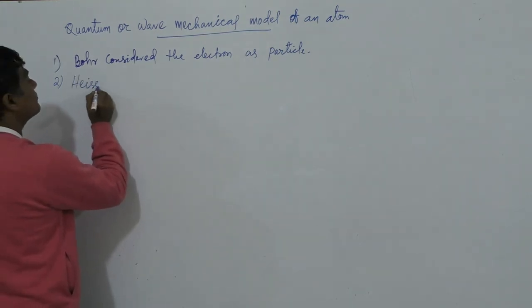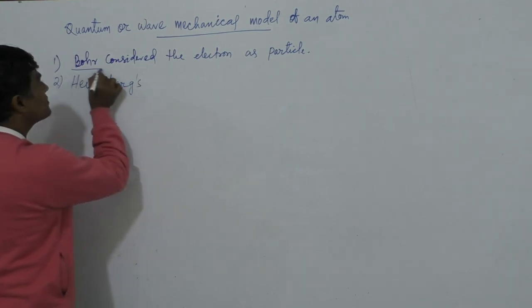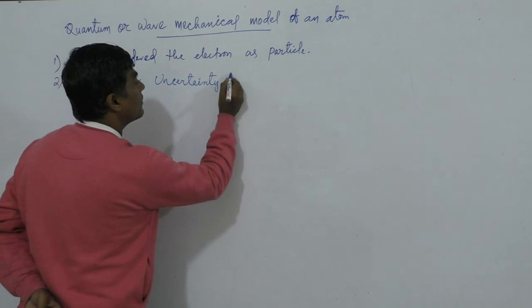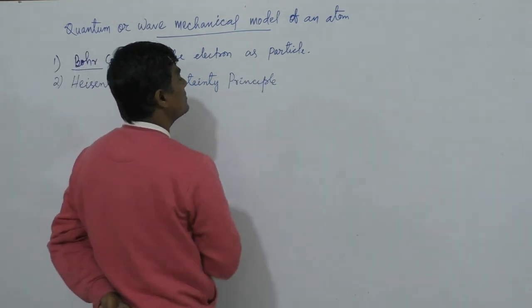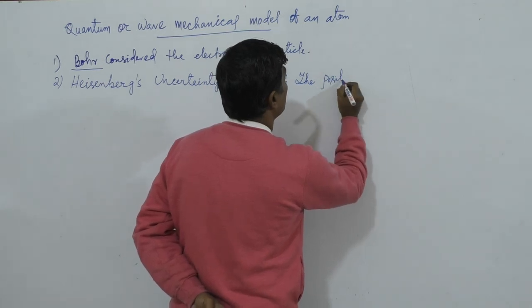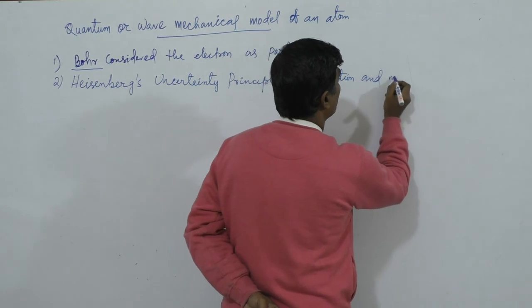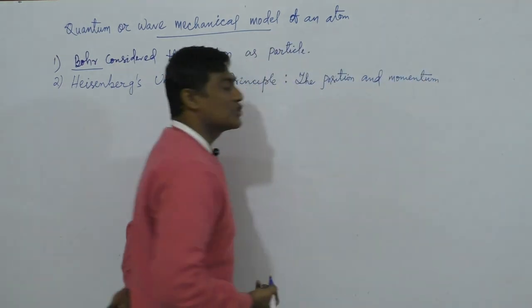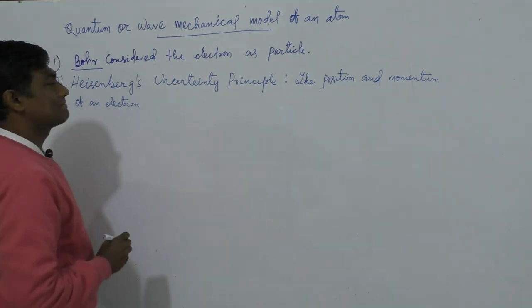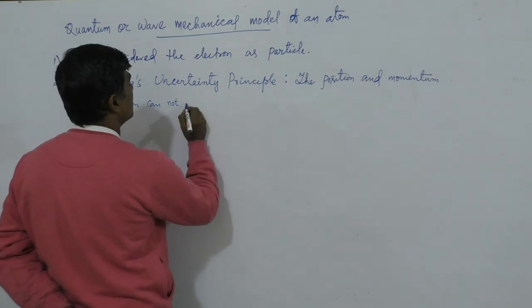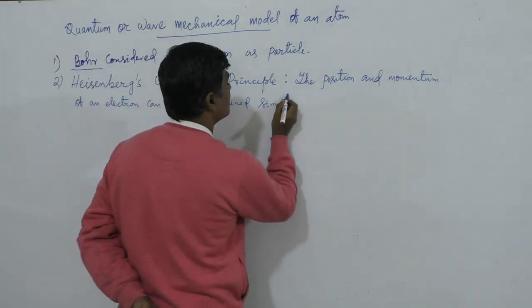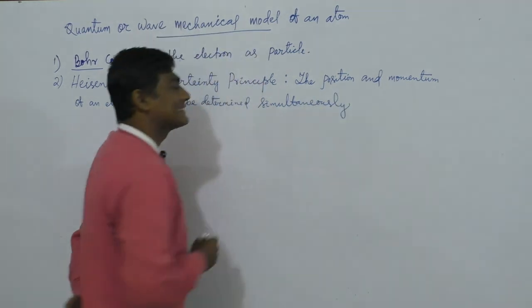First one is Bohr's concept, then Heisenberg's uncertainty principle said that the position and momentum of an electron cannot be determined simultaneously with accuracy.